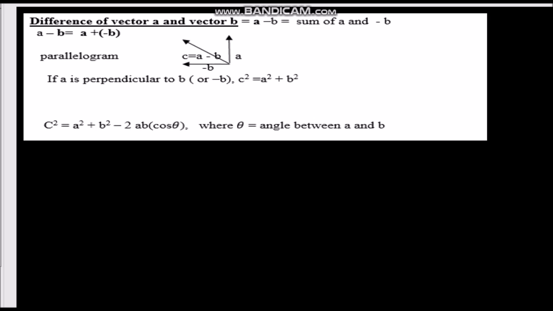Vector b is towards the negative side of x, and vector a is towards the positive y. Vector b is towards the left or the negative side. Due to this reason, we have negative b.